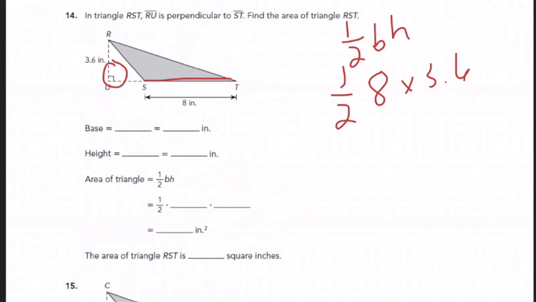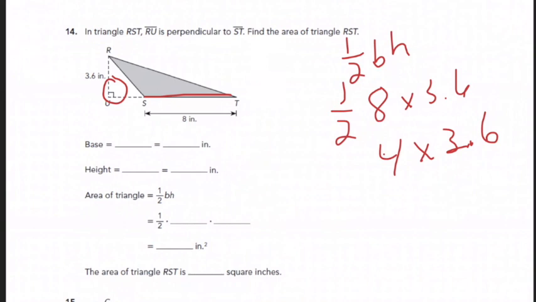You just need to make sure that you show all of your work. So it's 1/2 of 8, which is 4. 4 times 3.6, or 3 6/10. So that should be 14.4. Let me just double check. And yep, it's 14.4 inches squared.